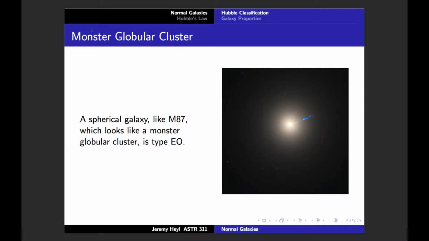Now, one thing you'll notice about this elliptical galaxy is that it has that blue thing flying out of it. Do you see that? So this elliptical galaxy has an active nucleus. That jet coming out, and we'll learn more about that later, is a bunch of particles traveling nearly at the speed of light, almost directly towards us.